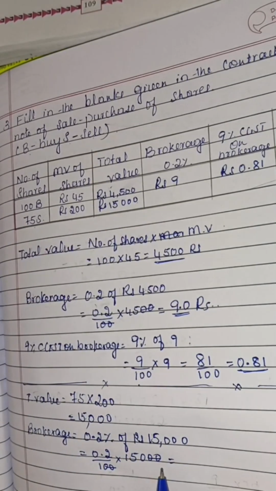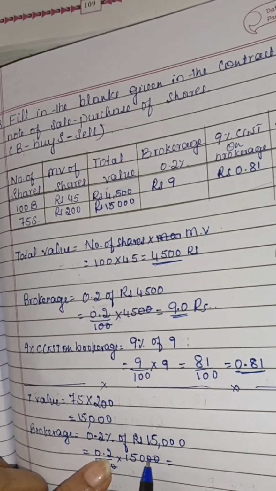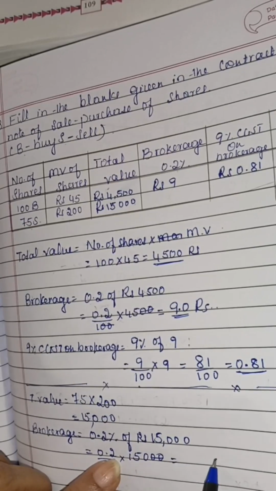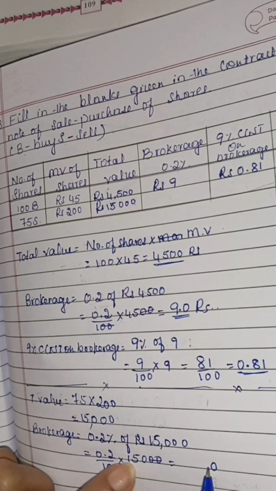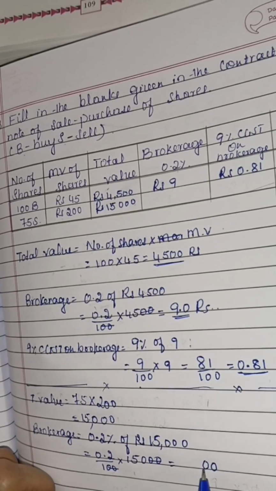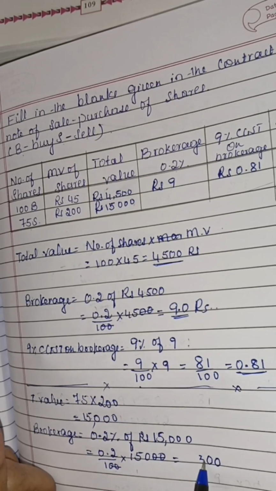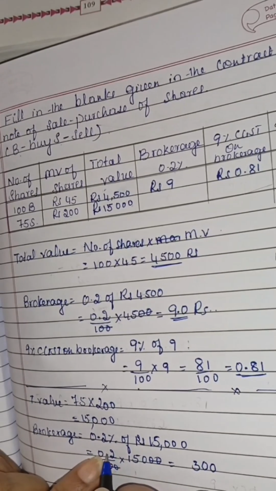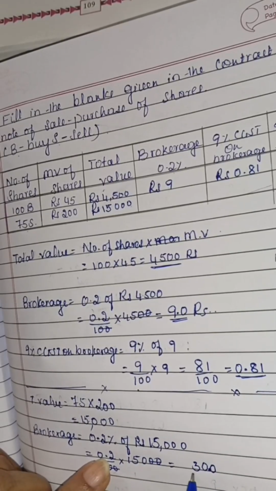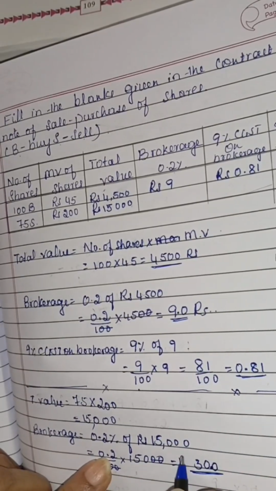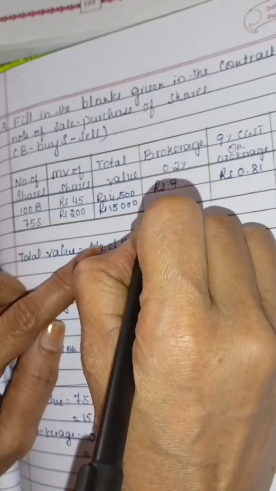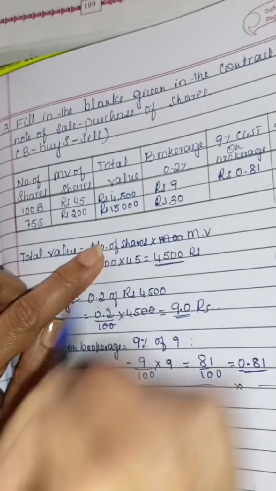Therefore 150 multiplied by 0.2 is 30. So rupees 30. Brokerage is rupees 30.